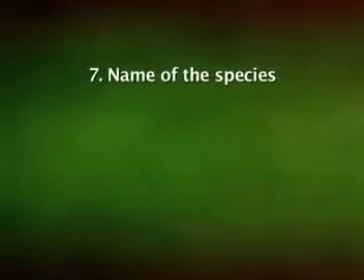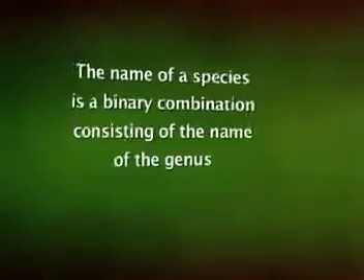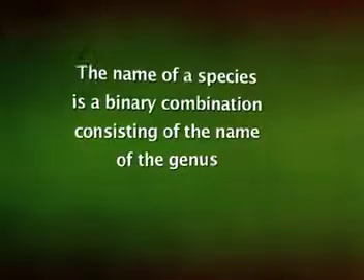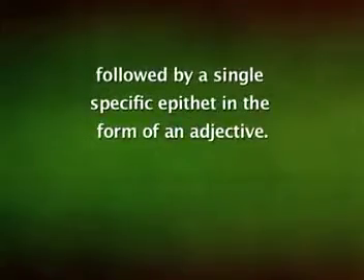Rule 7. Name of the species. According to Article 23, the name of a species is a binary combination consisting of the name of the genus followed by a single specific epithet in the form of an adjective, a noun in the genitive, or a word in apposition, or several words, but not a phrase-name of one or more descriptive nouns and associated adjectives in the ablative, nor certain other irregularly formed designations.